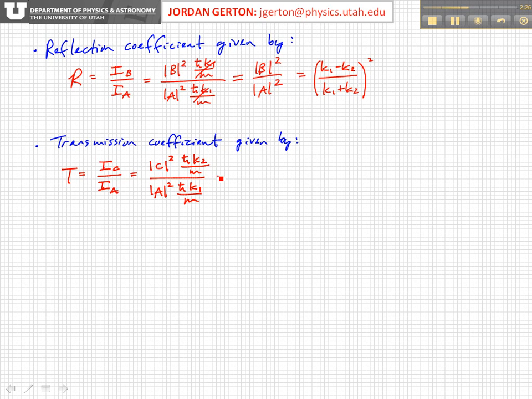So this is equal to k2 over k1 times c squared divided by a squared. And again, if we do the math, this is equal to 4 times k1 k2 divided by k1 plus k2, squared.